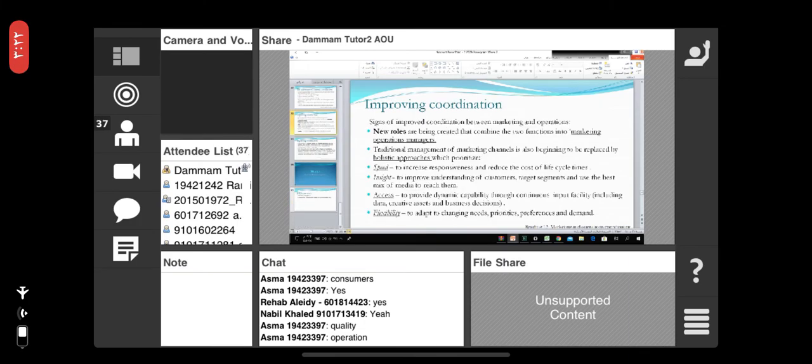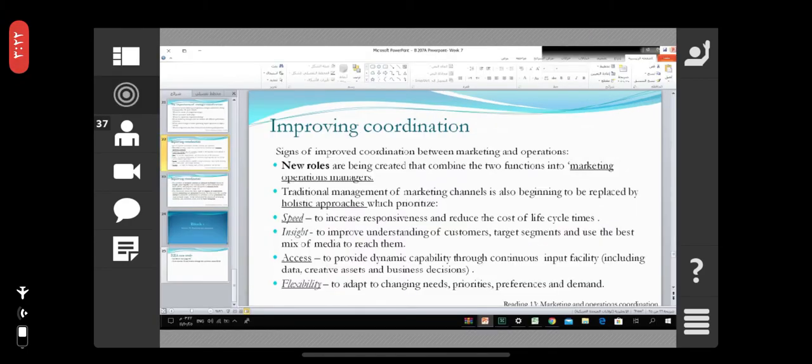First of all, to improve the coordination between marketing and operations you must set up rules. You need to set up new rules, right? You force these departments to work together.